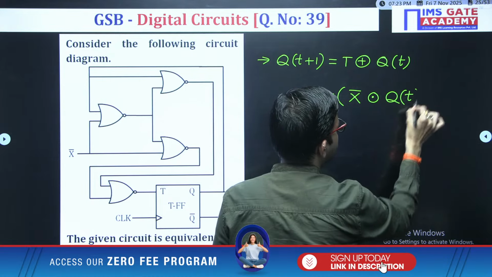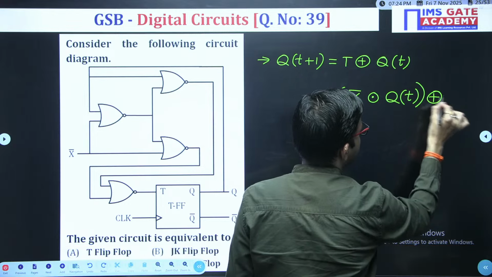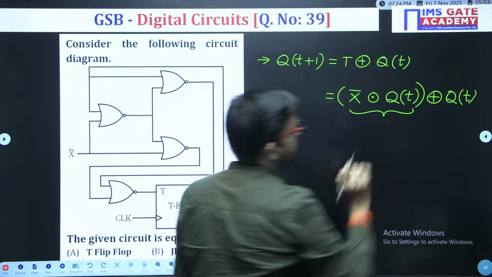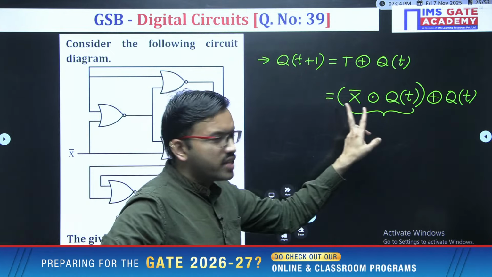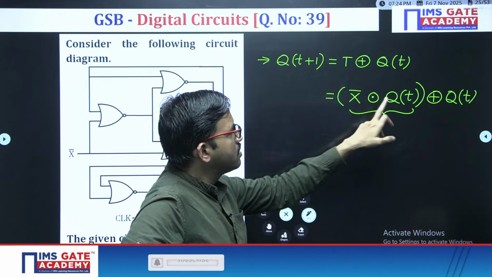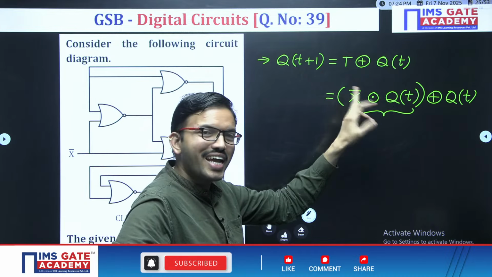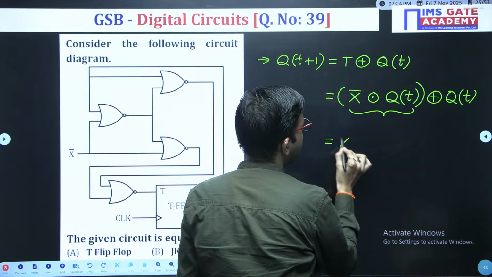So X bar XNOR Q, then XOR with Q. Regarding this, we already discussed in yesterday's class. Whenever you have 2 variables in XNOR or XOR, where one variable is normal and the other is complemented, you get the opposite function.